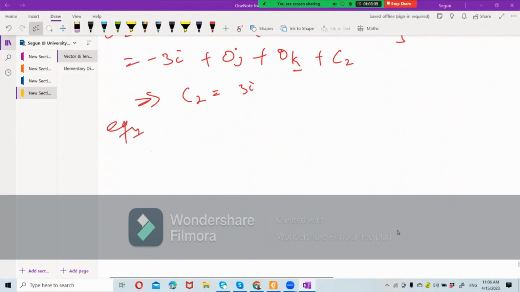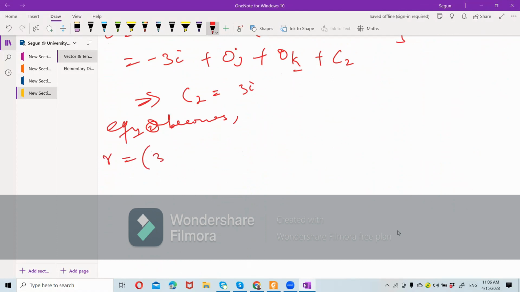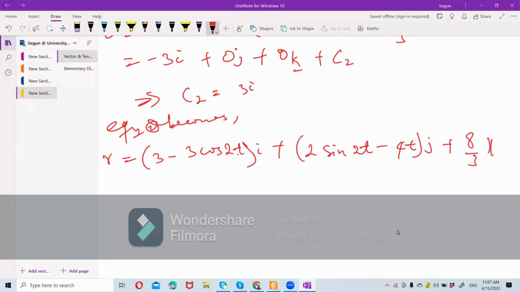So equation 2 becomes r equals to 3 minus 3 cos 2t i plus 2 sine 2t minus 4t j plus 8 over 3 t raised to power 3 k. Any question? Any contribution?